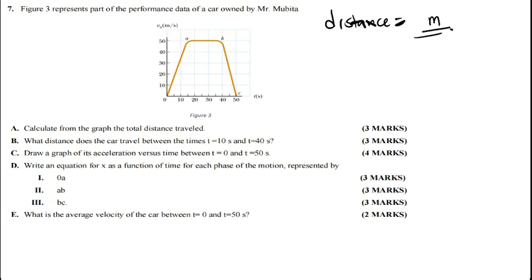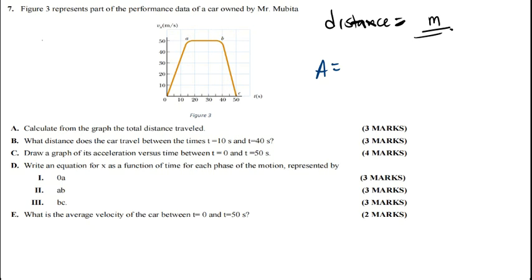Now under the graph, I need to find a formula which is going to help me to have meters. Okay. Now, let's go back. If I want to find the area, let me start with the rectangle.